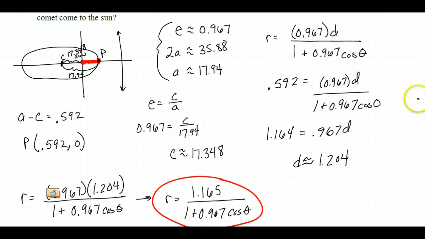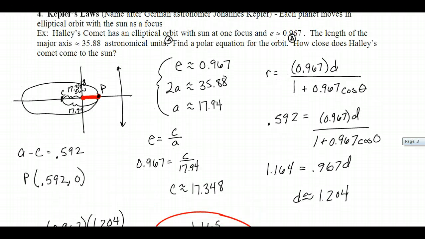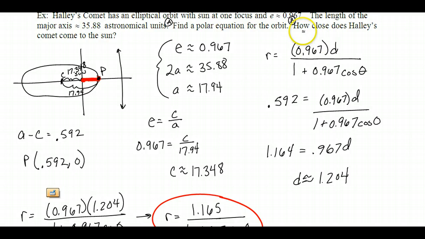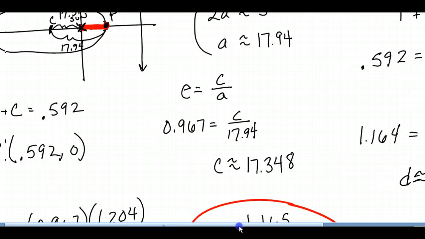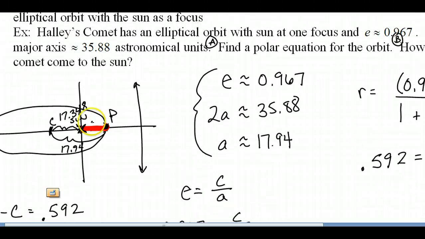Well, we had 2 questions here. The second, so we found our polar equation. The second question, how close does Halley's Comet come to the sun? Well, this is going to be our closest point, and remember, here is the sun. I'll try to enlarge this a little bit. So this is our closest point, and we already found what that distance is.